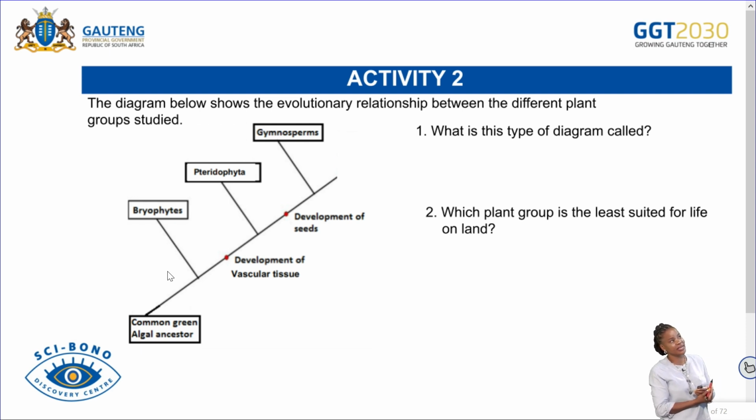Now the first question says, what is the type of diagram called? It is not the first time you are getting this question, which asks for the name of the diagram. You need to know that this type of diagram is called a phylogenetic tree.